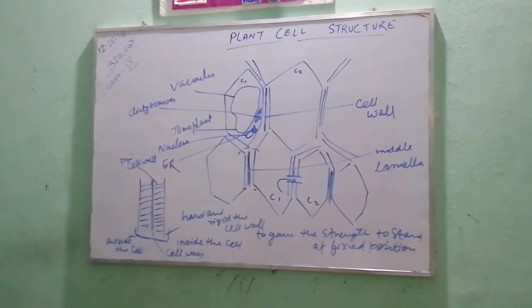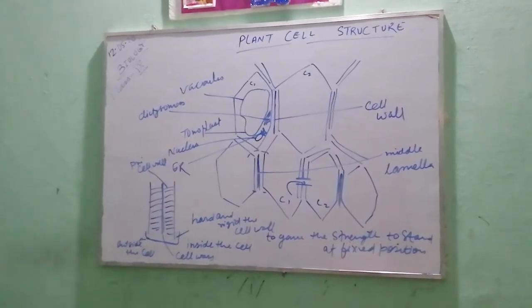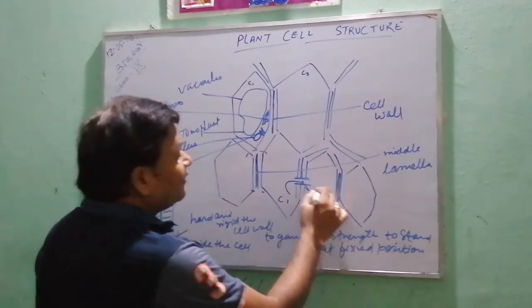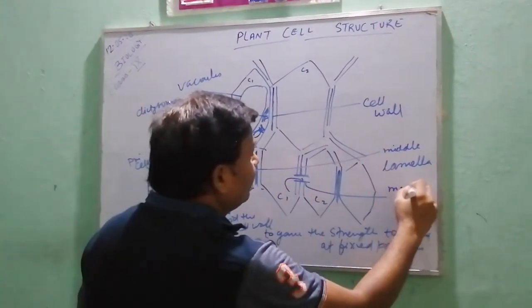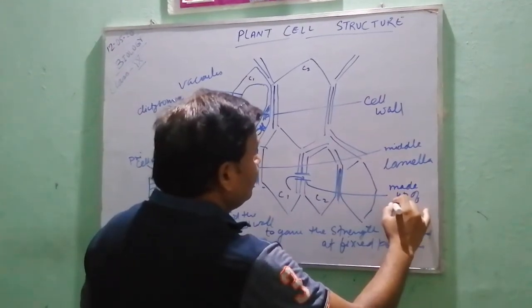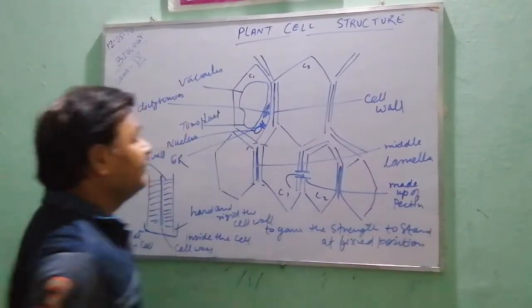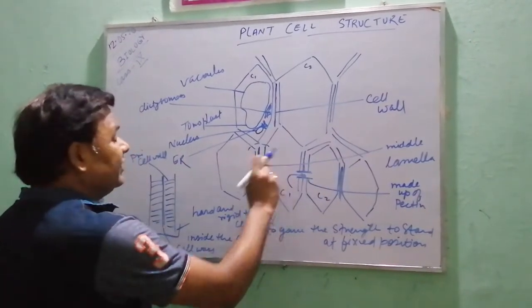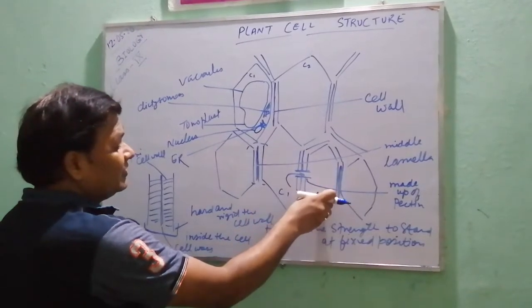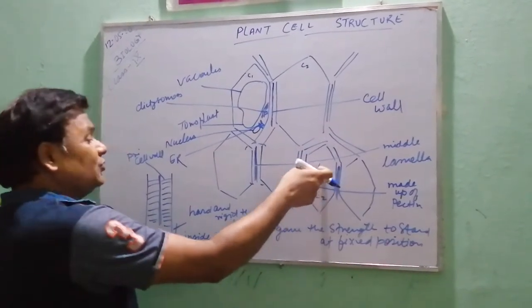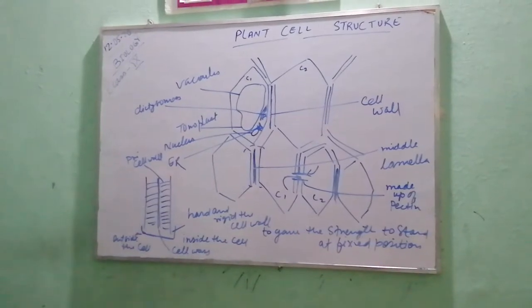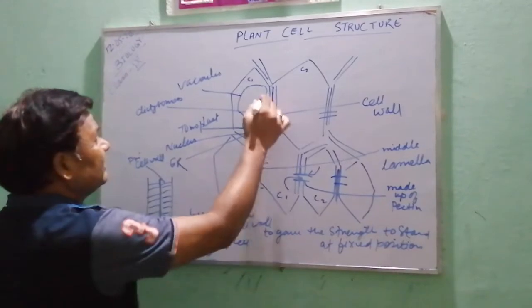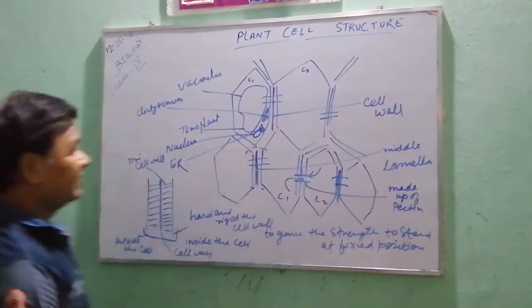This barrier or bridge is made up of pectin. Through this the inner content of cell C1 goes to cell C2 and from C2 to C1, and through this channel each cell is connected to another cell. In this way the cell works.